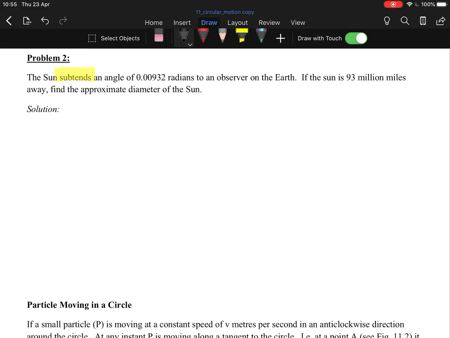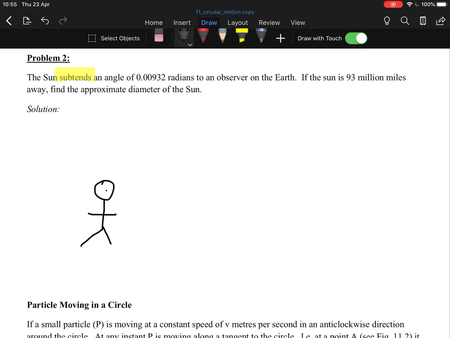Okay, so I'm assuming most of you have never seen this word before, and not going to lie, I hadn't either until I was writing up the notes. So that's why I threw this question in, just to help you with your literacy. So what does subtends mean? Basically, I'm going to draw a stick man, and I'm going to rub them out after.